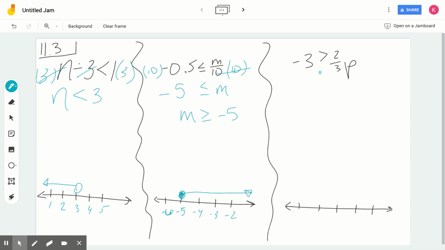Now, on this one we have negative 3 is greater than 2/3 p. The opposite of multiplying by 2/3 would be to divide. But since we can't divide by a fraction, we multiply by the reciprocal. And the reciprocal is simply the fraction flipped upside down.